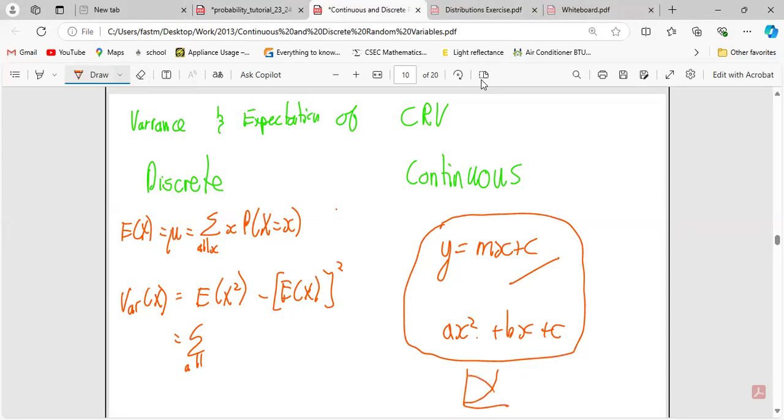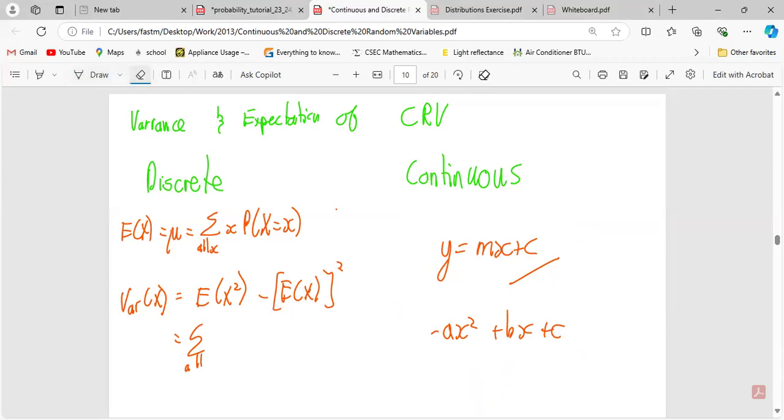Or minus, if you had a minus here, it wouldn't change too much. But linear and quadratic, same thing. She wouldn't bring anything more than that because others are not intuitive enough to draw. You're not just going to draw something like ax cubed. Nobody really draws that. Anyway, so hope that helps.